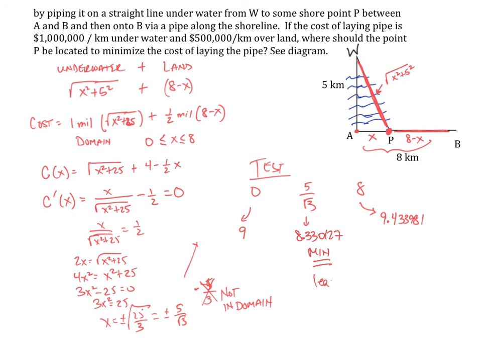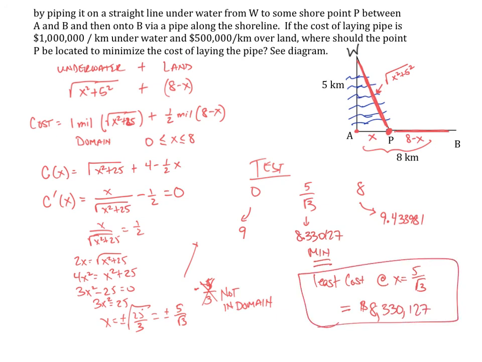So the least cost will be at x equals 5 over the square root of 3, and this cost will equal $8,330,127. That will be the least cost.